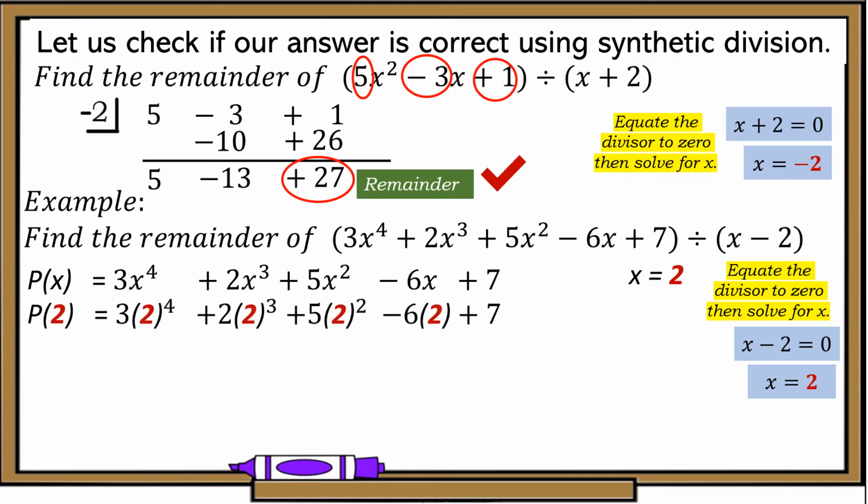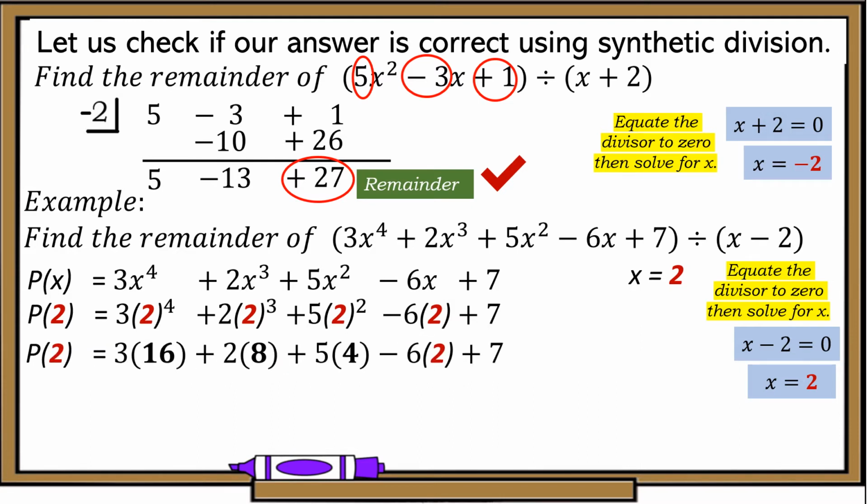We have P(2) is equal to 3x to the fourth, or 3 times 2 to the fourth power, plus 2x cubed, or 2 times 2 cubed, plus 5x squared, or 5 times 2 squared, minus 6x, or minus 6 times 2, plus 7. Simplify.